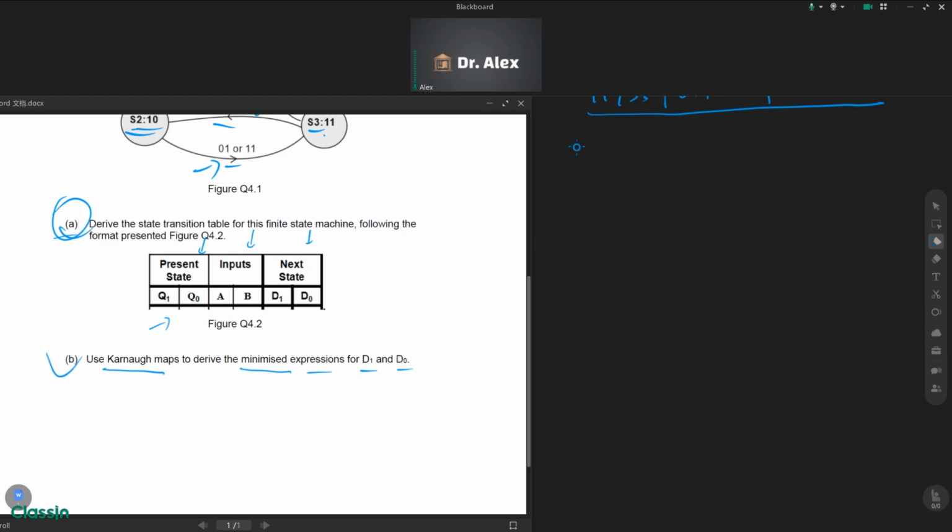Firstly, we will write the K-map for D1. We will write the K-map like this.